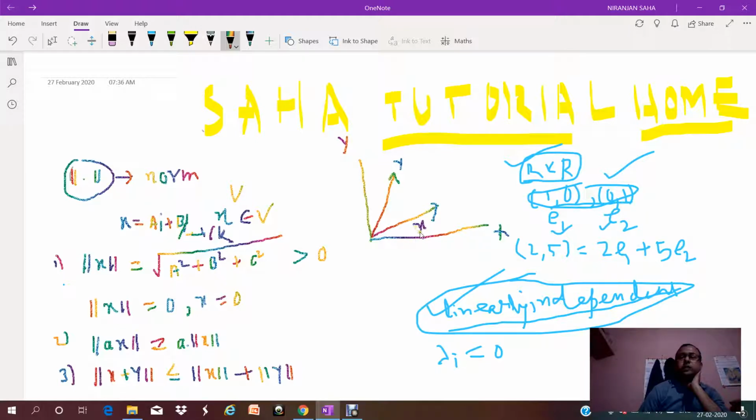The modulus of the vector x is called the norm. The norm of x is the vector dot product of the two vectors.